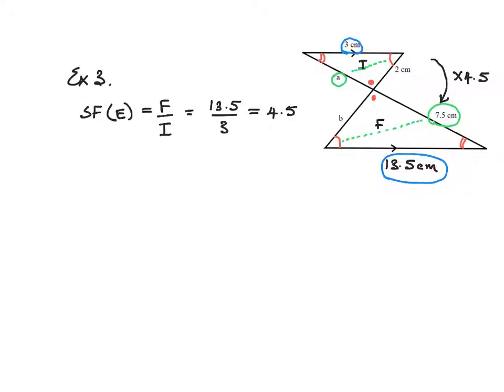So these are the sides which correspond. The calculation then will be 4.5 times A equals 7.5. Now these numbers are rather awkward, but let's not worry too much about that. Divide by 4.5 and A equals 7.5 over 4.5.